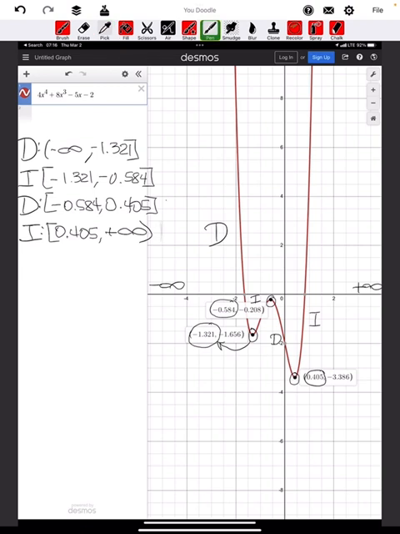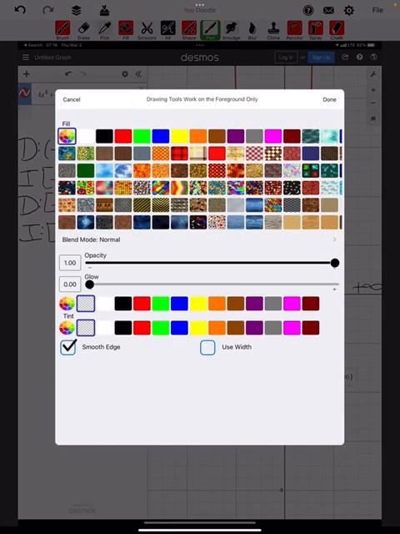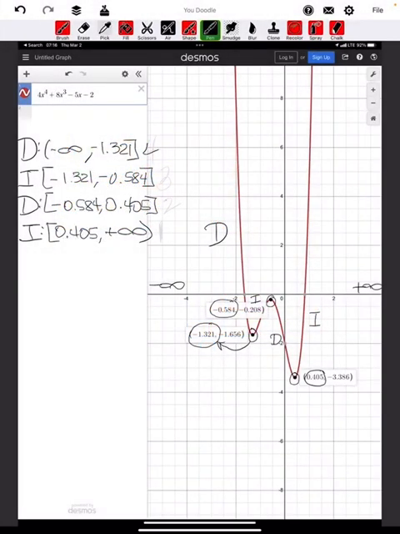So if you want to make this your first interval, it's your second interval, it's your third, it's your fourth, that's fine. Either way, sorry, I was trying to get back to this. And so if you want to make that your fourth, second, and first, that's fine. The order does not matter, except I just need to have the right interval with decrease and increase. That's the only thing you got to remember.